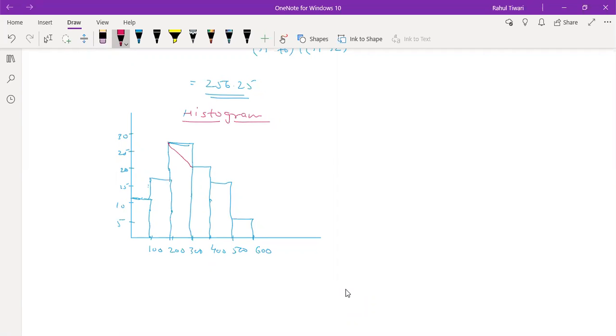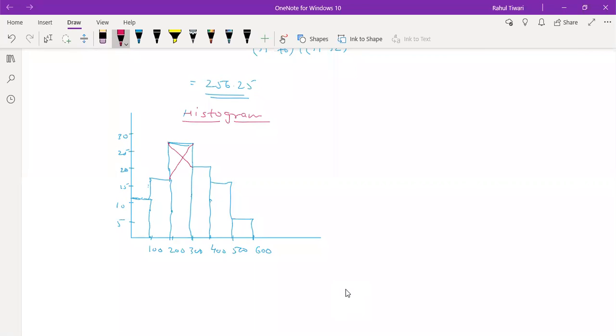Similarly, the right corner of highest frequency connect with the previous frequency's right corner. So the highest frequency's left corner joins with the next frequency's left corner, and the right corner of the highest frequency joins with the previous frequency's right corner.